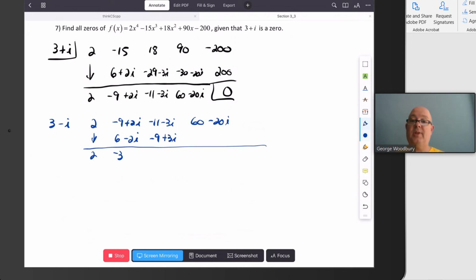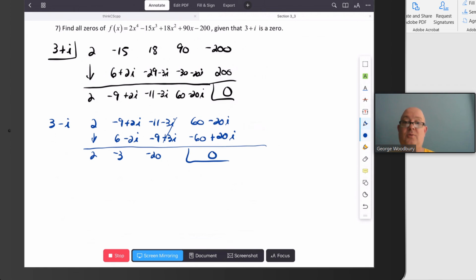Total the column: negative 11 minus 9 is negative 20. Negative 3i plus 3i is 0, so we just have negative 20. Multiply one more time: negative 20 times 3 minus i is negative 60 plus 20i. Everything here adds up to be 0. Perfect.